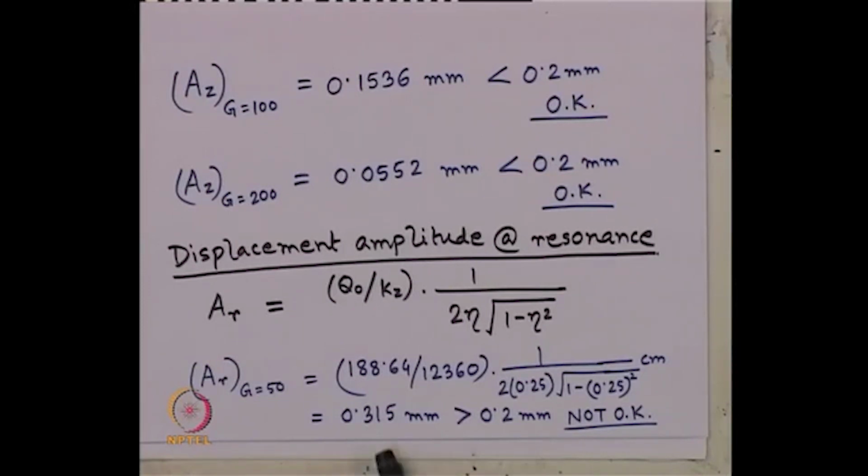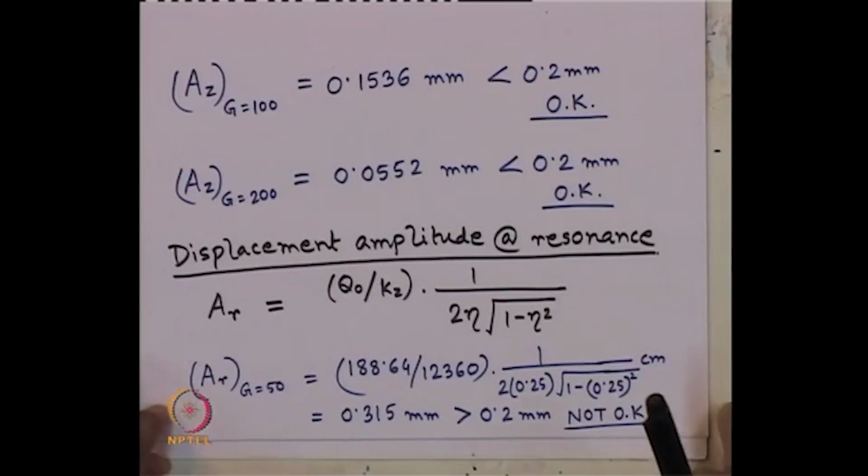So, in this case we found it will not be within our permissible limit. Suppose while starting the machine itself, if we go through a frequency same as our natural frequency of the system, it will be almost close to resonance condition. That time this displacement is going to occur, which is beyond the permissible limit.